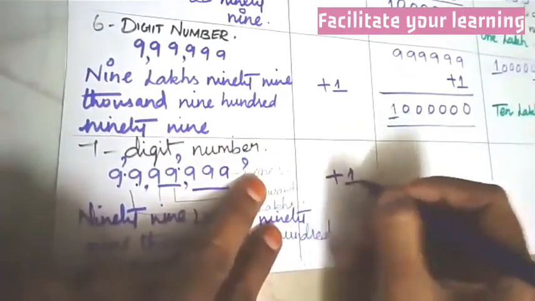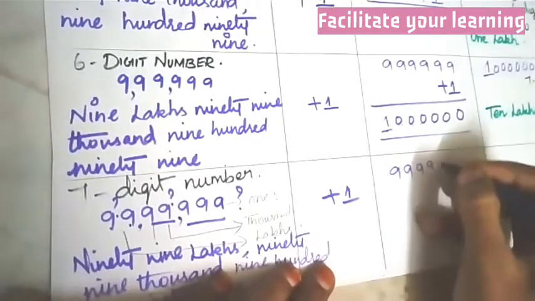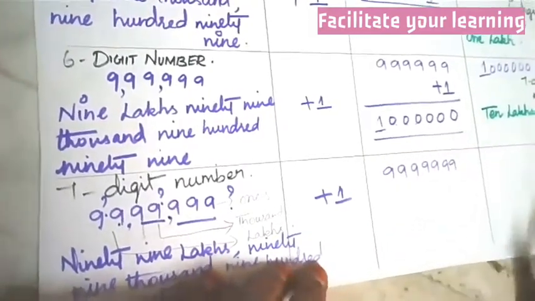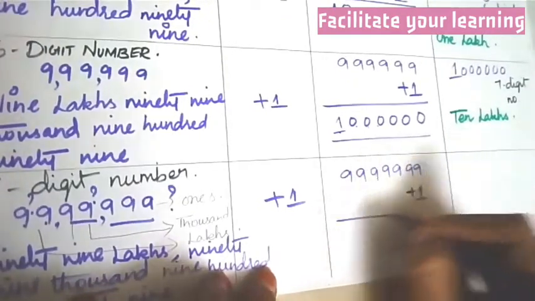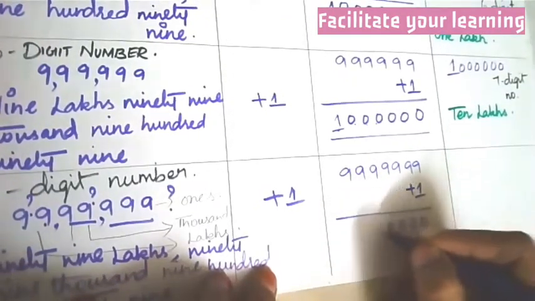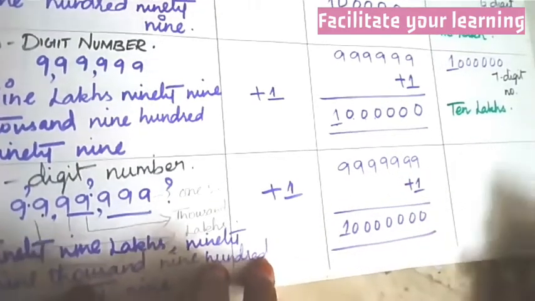What happens when 1 is added to this greatest 7-digit number? You get your answer like this, which is an 8-digit number.